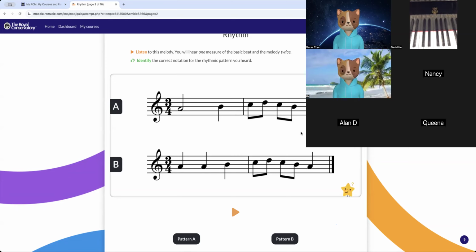Alan, how about you? You want to do B or you want to do A? I'll go B. Okay, sure. Go ahead. Oh, you're doing the B part? Didn't I say? Yeah. Okay, cool. Quina, you want to do A or B? Or you want to skip?